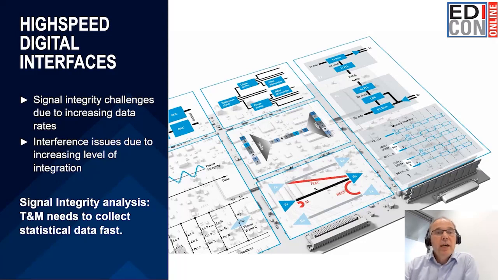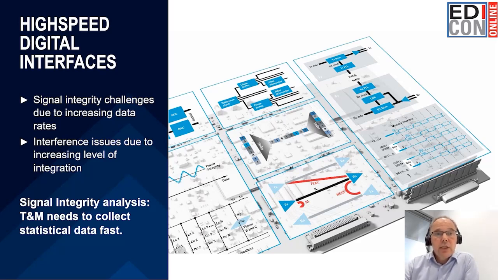Let's start from a very high level. If we look at modern electronic designs, they very often include high-speed interfaces such as USB, PCI Express, MIPI, Ethernet, DDR, to name just a few. And the problem is that the data rate is really increasing here, and this gives us some signal integrity challenges.